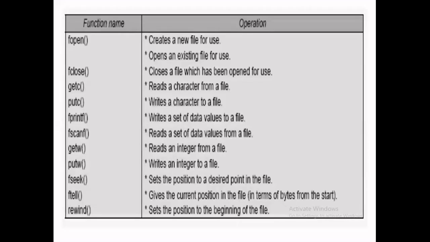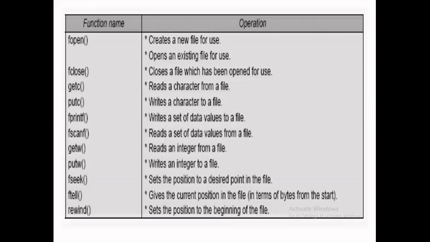Next, before going to files, I have to explain the functions of files. Here is the list of functions. All functions start with F. fopen opens the file. If a previous file is there, that is opening an existing file, so then we can open the file.